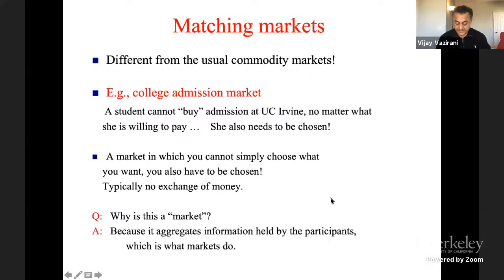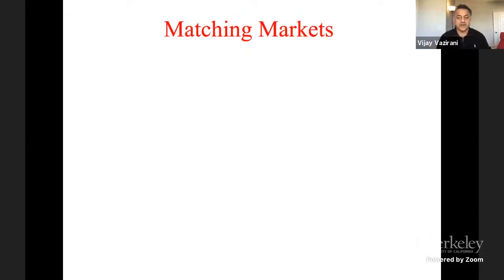And the reason that actually Al Roth gave me was that because it aggregates information held by the participants, which is what markets do. That's why these things are called markets. And by now there are lots of markets from all walks of life. And the best way I know how to classify them is through revolutions in computer science.